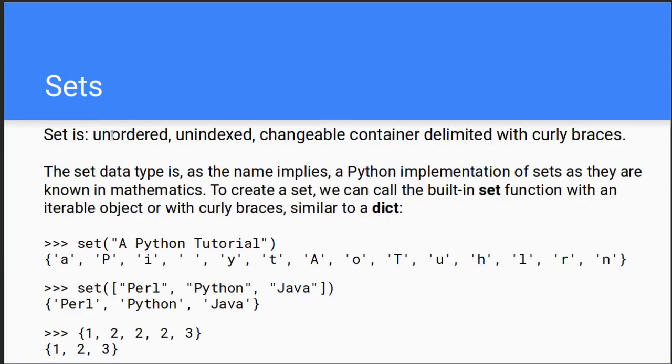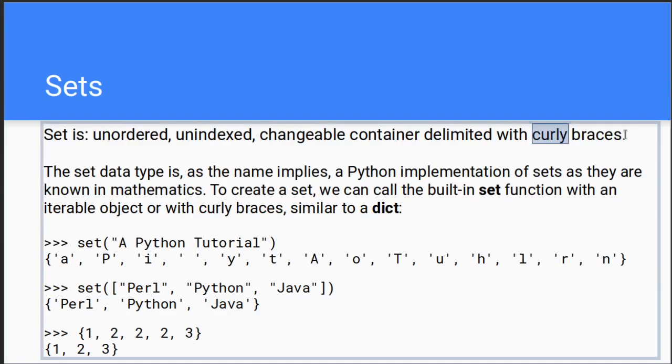A set is unordered, unindexed, but it is changeable. So it's like a list, but you cannot have repeating elements. And we use curly braces just like dicts, but without the keys, just the values.